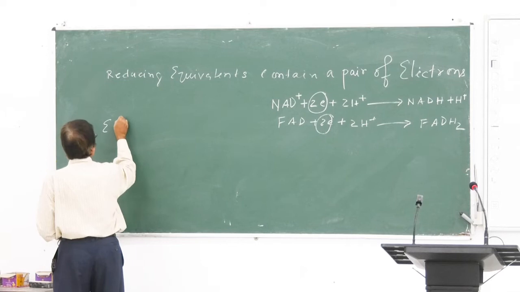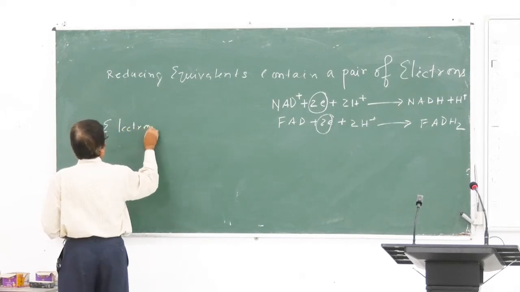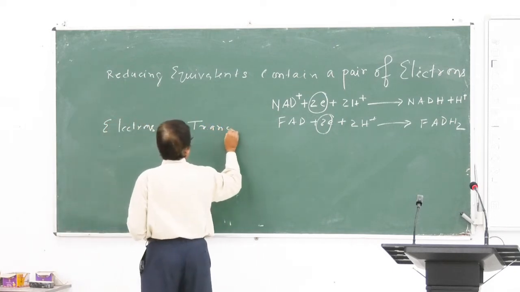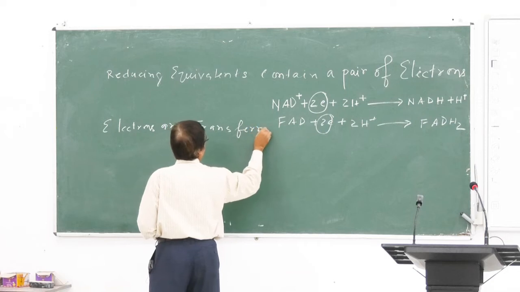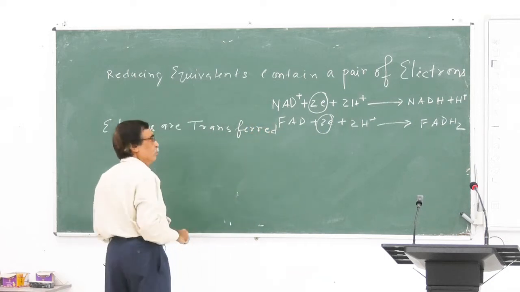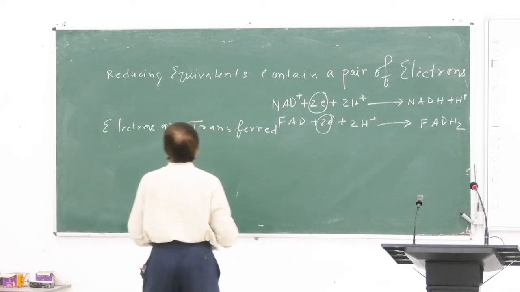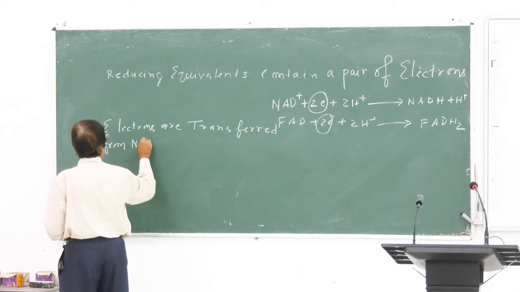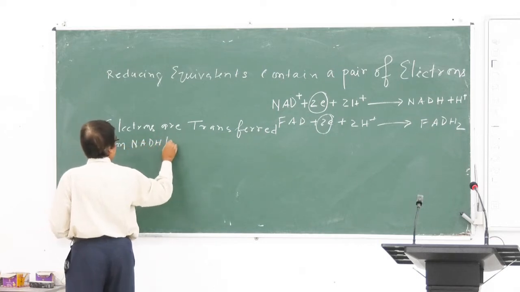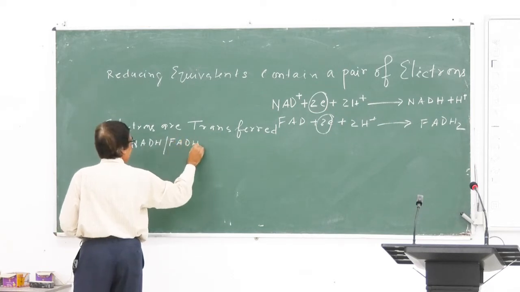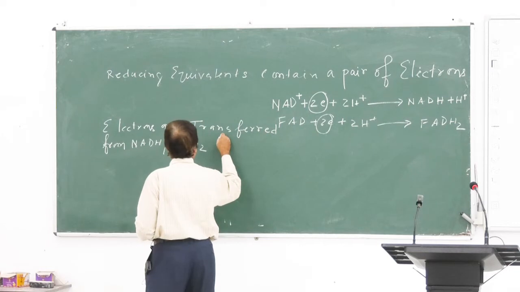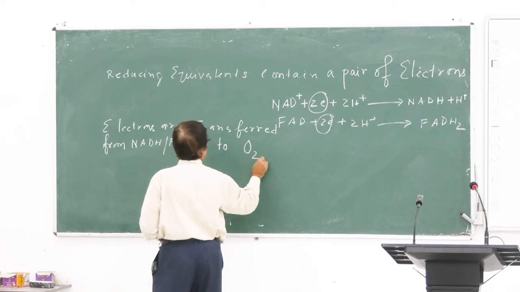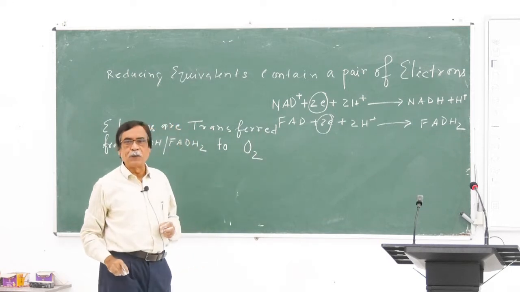These electrons are transferred from NADH and FADH2 to oxygen, which is the final acceptor of the electron.